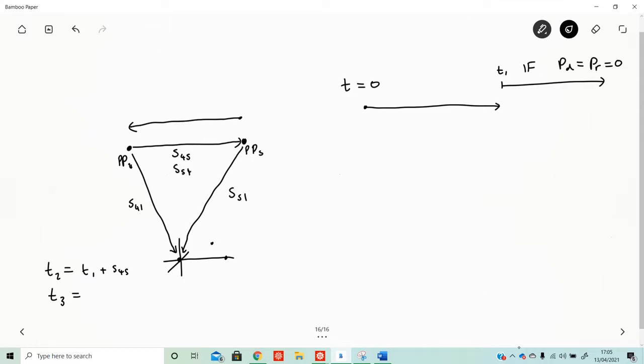And so we can define that. That would be T2 plus S41. So that's the time that the first event occurs, and that's essentially the start of the light ray, in a sense, going from here to here.